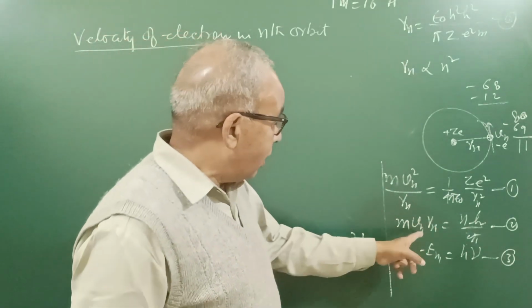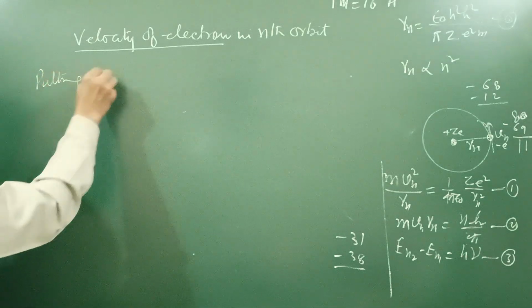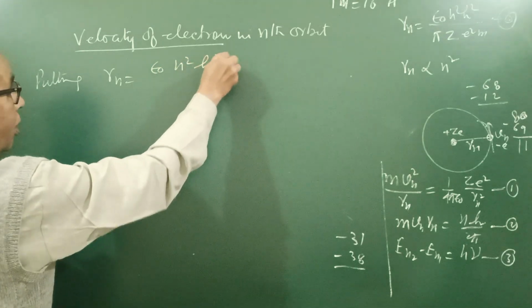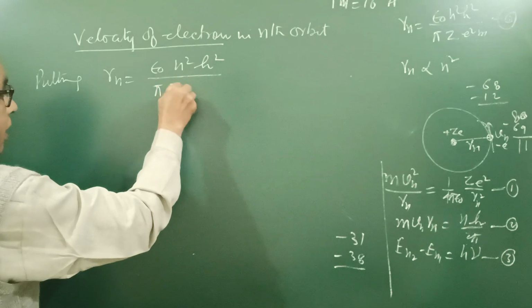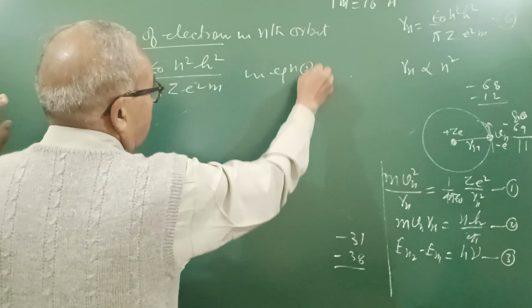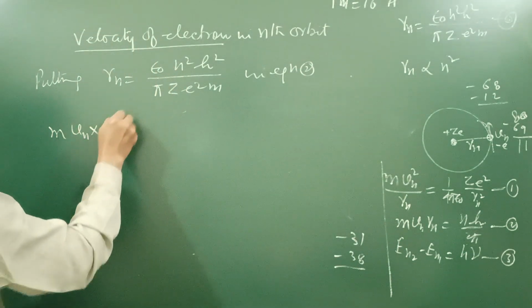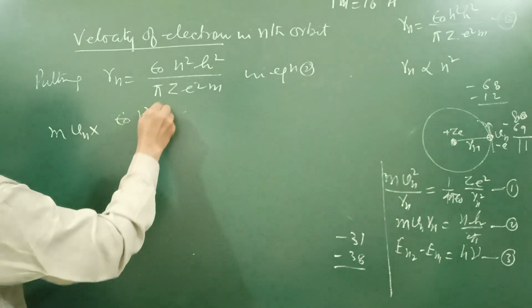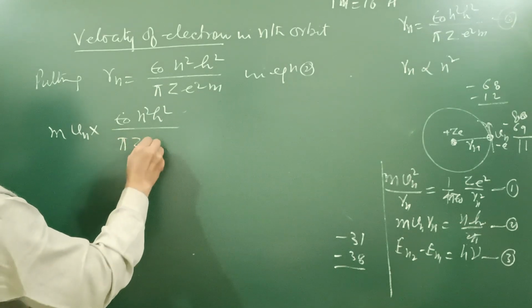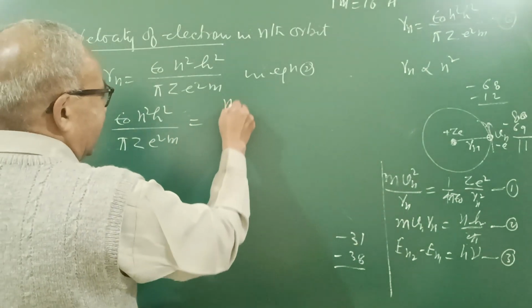If you put the value of Rn in equation 2, putting Rn equal to epsilon 0 n square h square upon pi Z e square m in equation 2, there we get m v n Rn, epsilon 0 n square h square upon pi Z e square m equal to.